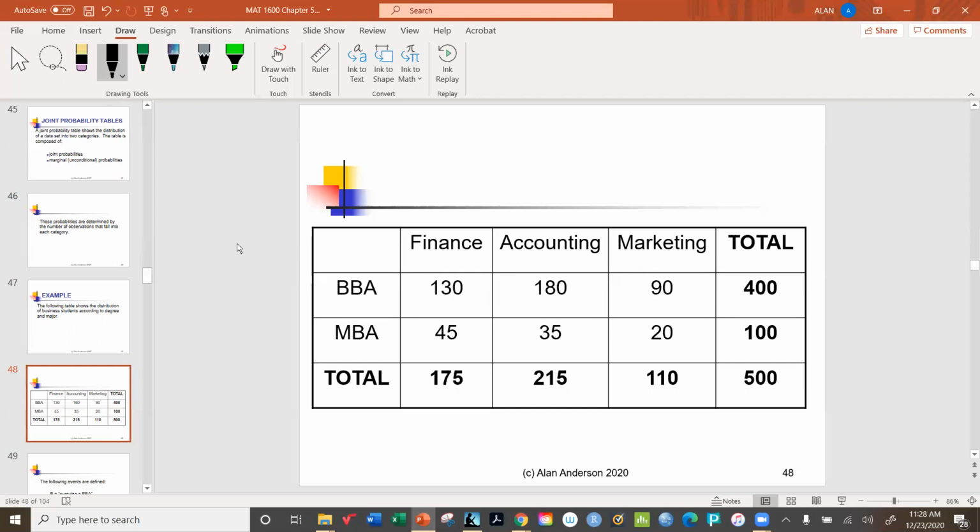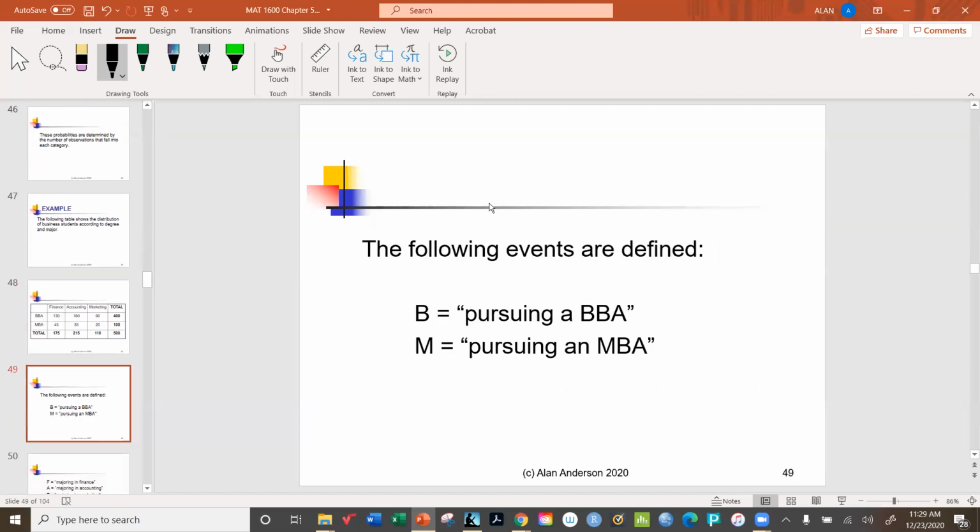Now, what I can do with this table is actually calculate probabilities. In fact, there's quite a few different kinds of probabilities that I could obtain from a table like this one. All right, so now if I could figure out a way to keep this visible at all times, I would do it. We'll have to do a certain amount of scrolling back and forth. But I'm hoping that it'll be clear what we're doing. We've got the events.